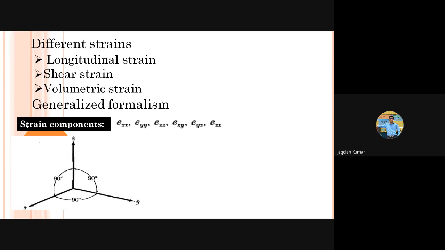Now to discuss the analysis further, let us assume that we had a cubic crystal or material. Cubic doesn't mean simple cubic, but a bulk crystal of cubic shape, or it can be of any shape. What we are trying to do is characterize an unstrained crystal with respect to a strained crystal.